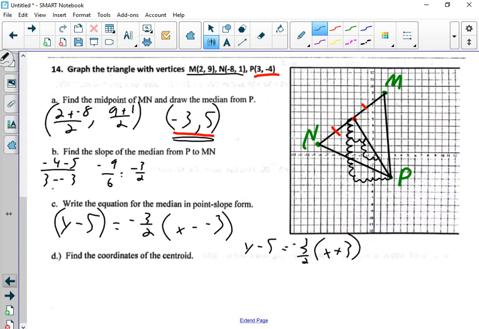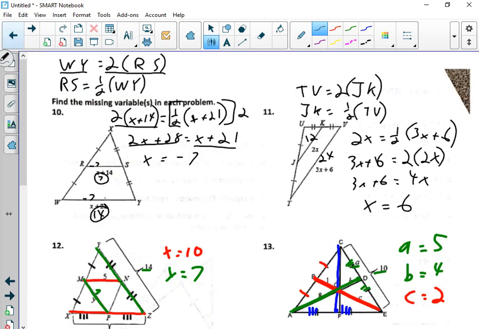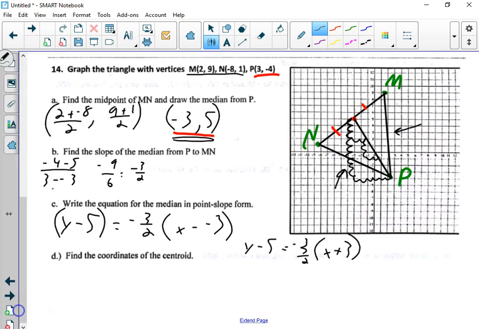And again, you could have used point P also. It just has to be one point on that line. It doesn't matter. And find the coordinates of the centroid. The long way to do that would be to find the midpoint over here, find the midpoint over there, and then draw all three and see where they intersect. But the easy way to do it is with the centroid formula, which is very easy. It's kind of like finding the midpoint, but with 3 points.